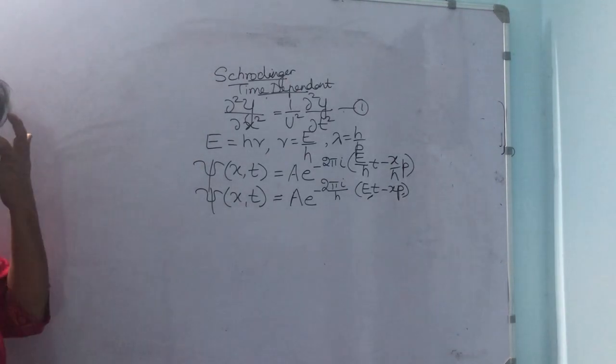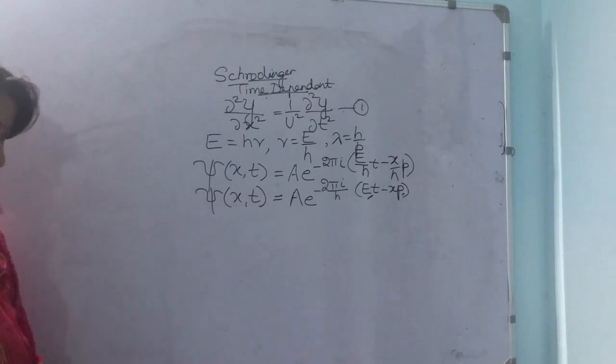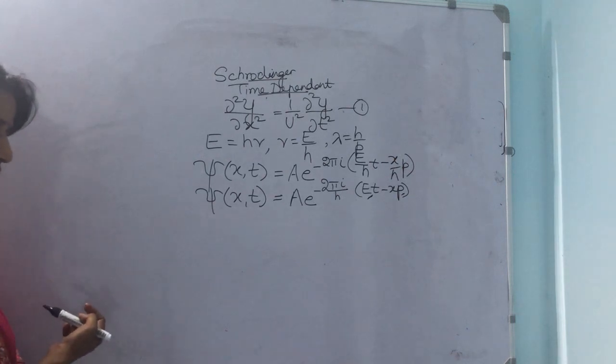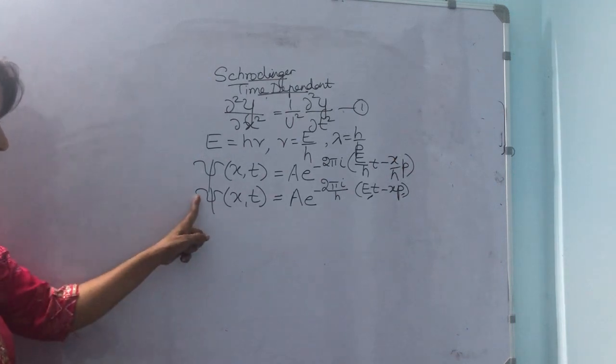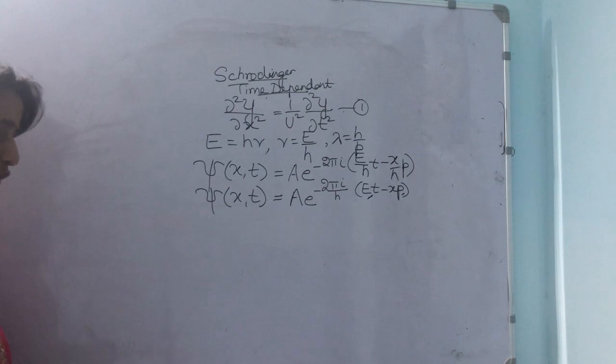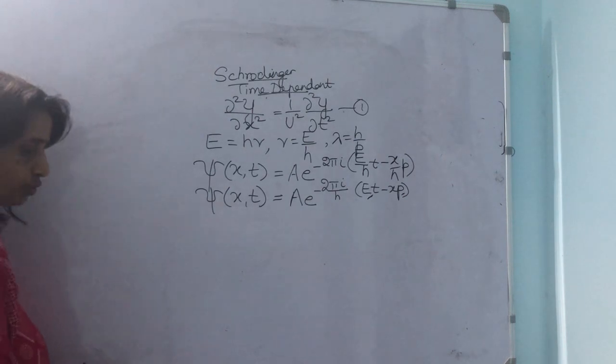Now when we are doing the Schrodinger equation, we differentiate the position coordinates twice and the time once, and then we put these values in our equation. So what we will do is differentiate this equation twice with respect to x.